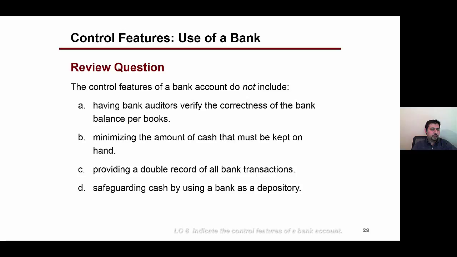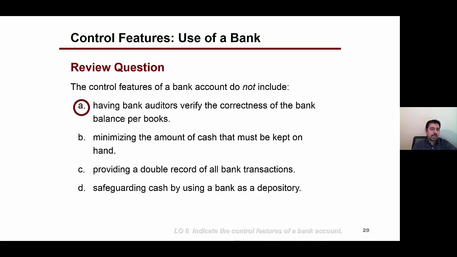So the control features of a bank account do not include, which one of these do they include? They do not include having bank auditors verify the correctness of the bank balance per books, minimizing the amount of cash that must be kept on hand, providing a double record of all bank transactions, safeguarding cash by using the bank as depository.